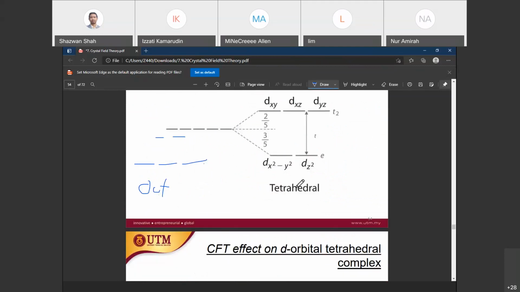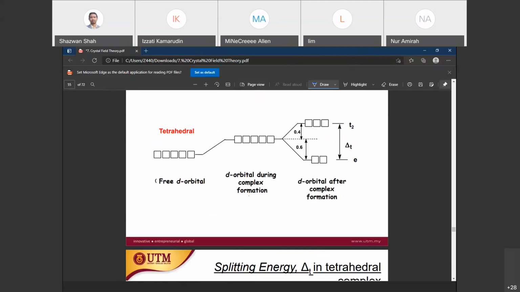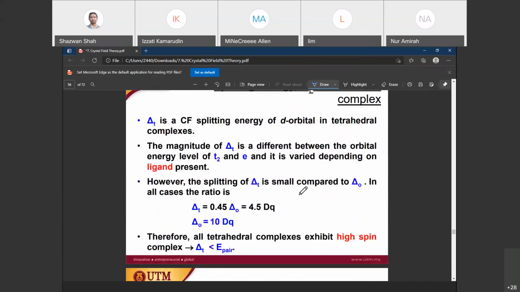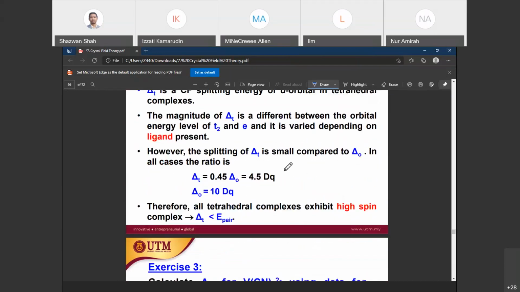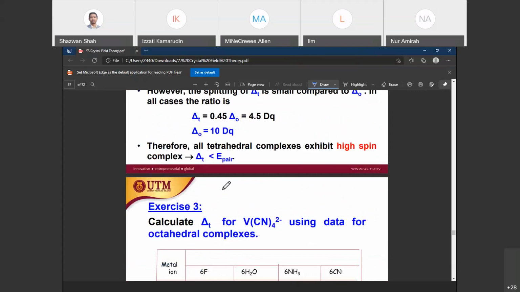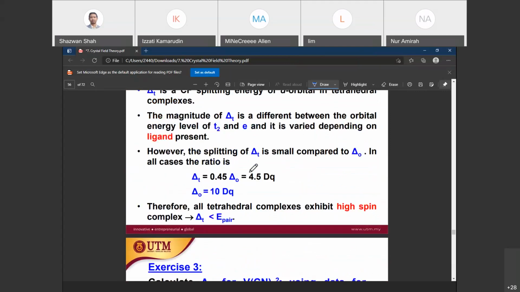Okay, so that is tetrahedral. It's also a similar concept where high spin or low spin depends on the splitting energy and the pairing energy.